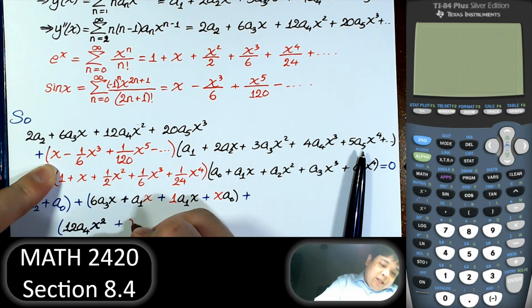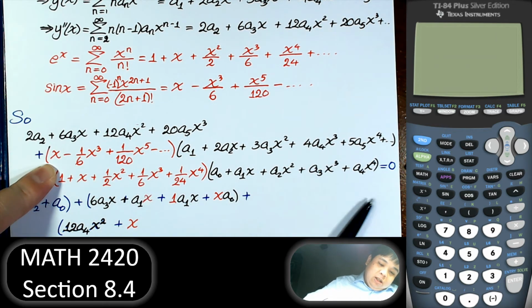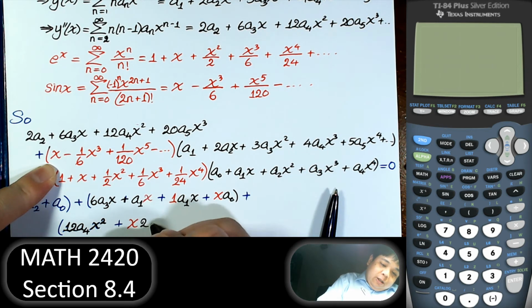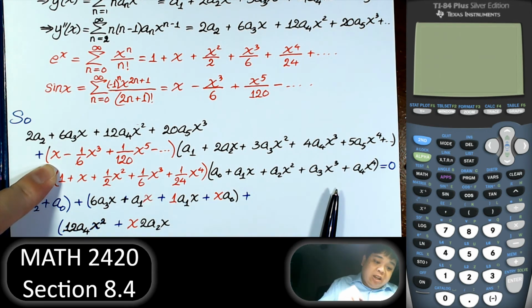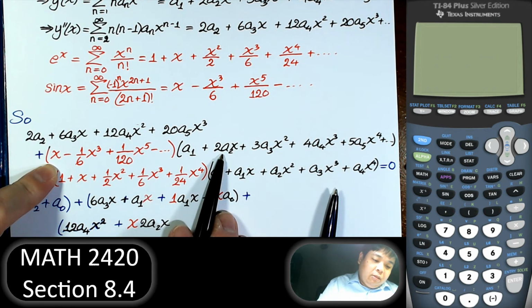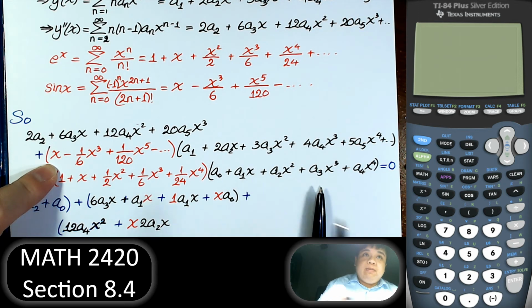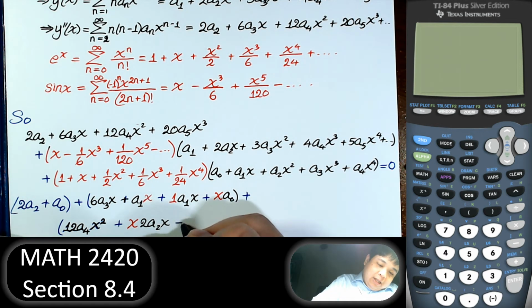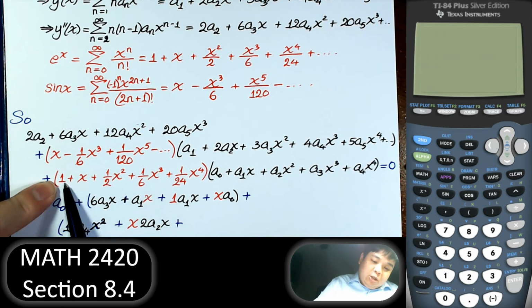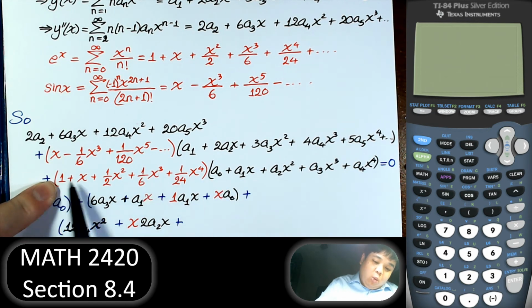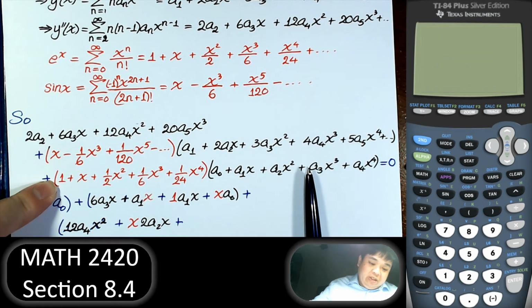Next, 1 times a2x squared will give us the x squared there.